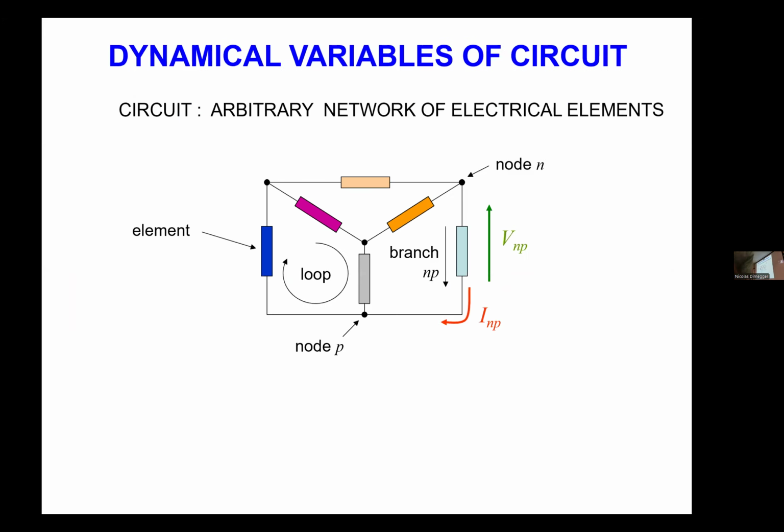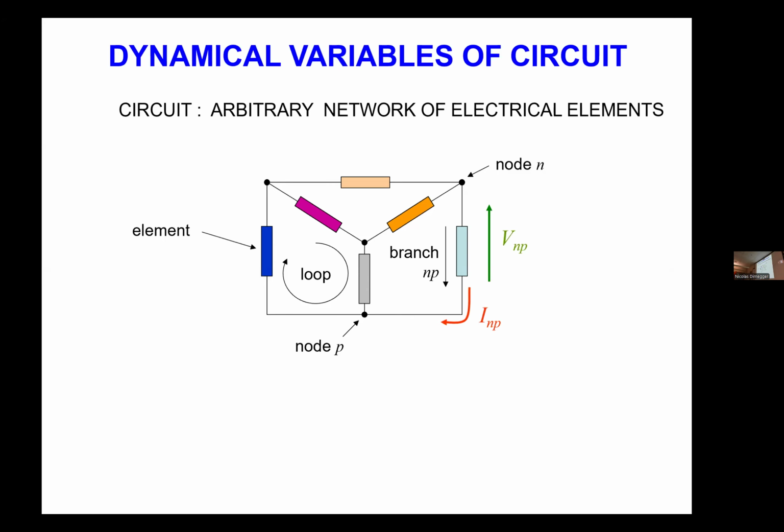Okay, so here is how the story starts. You have a circuit. A circuit in electrical engineering is an arbitrary network of electrical elements. Each electrical element is a box, a rectangle, and two or more elements can arrive at a node.